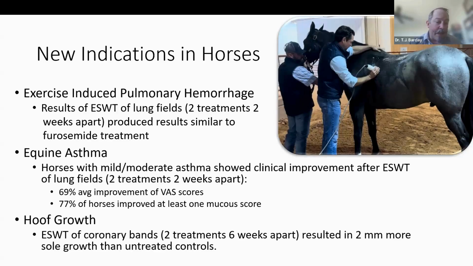In that study there was an average of 69% improvement on the visual analog scale in those horses, which was very significant, and over 77% of those improved at least one mucus score on their BAL.